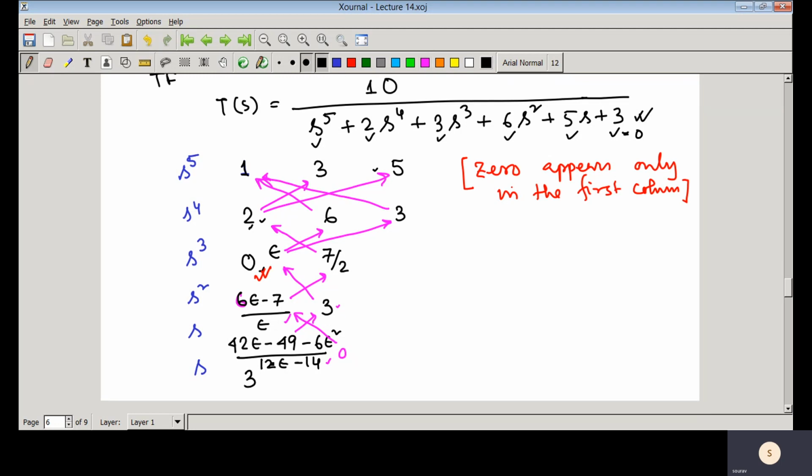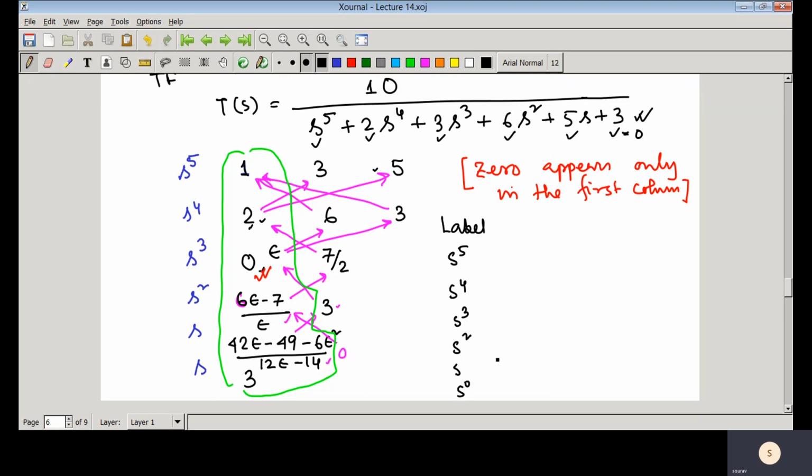So this is the Routh table, and this is the first column we have. The labels are s^5, s^4, s^3, s^2, s and s^0.